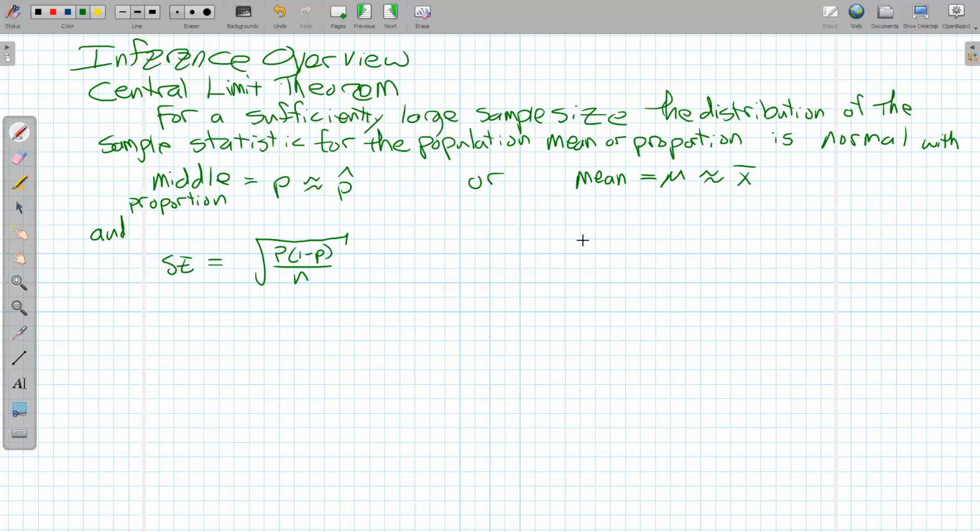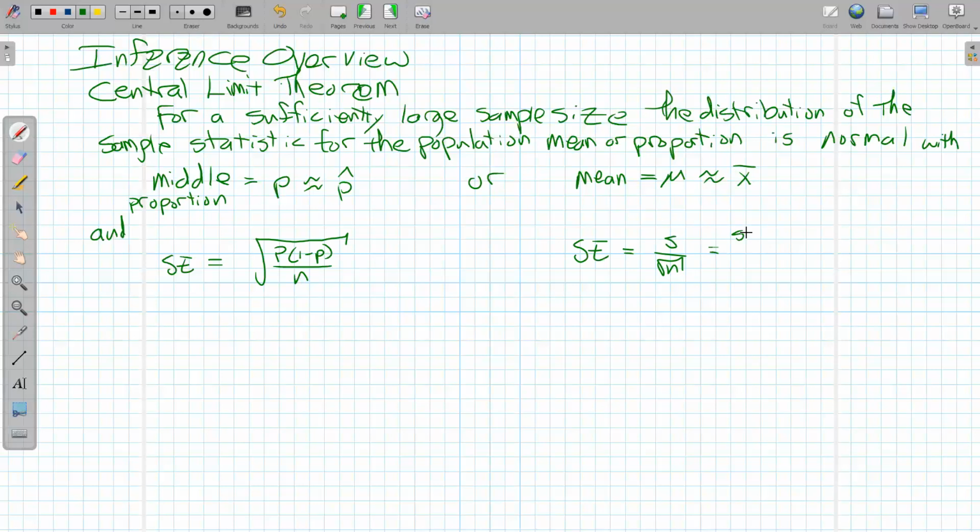Or if it's a mean, and this is what we're going to work on the rest of today after I do one more example here, it's going to be the standard deviation of the sample, that's what S is, over the square root of N. And again, N, remember, anytime we see an N, that's sample size. So I'm just going to write this in slightly different words.